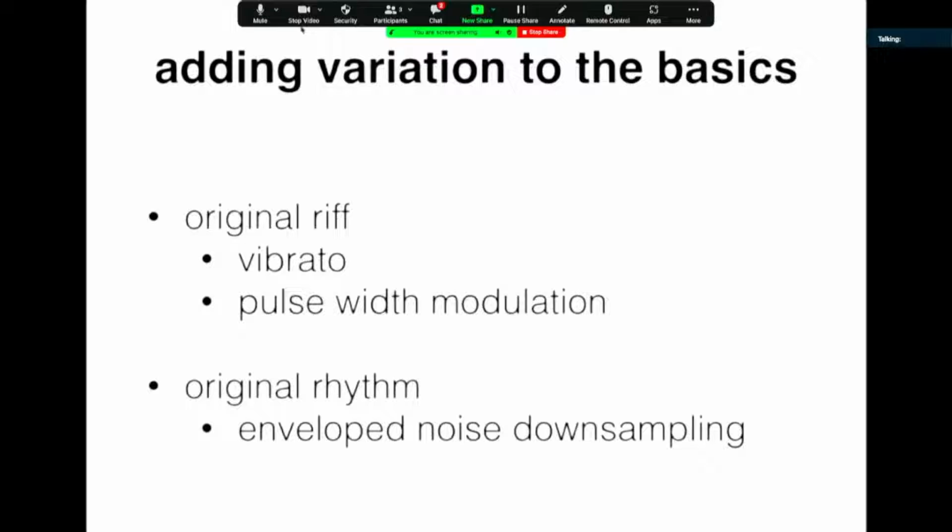So even with these primitive sounds, there's a lot you can do to add expression to the music. You can take a little riff that's a little annoying as just a square wave. You can shape it with vibrato. Or by modulating the pulse width.